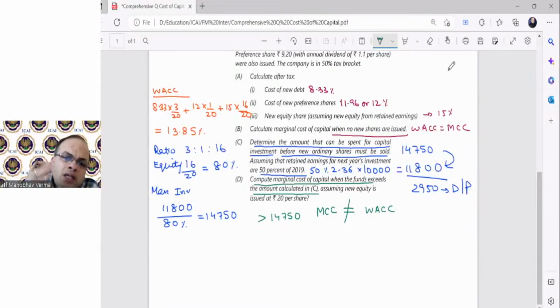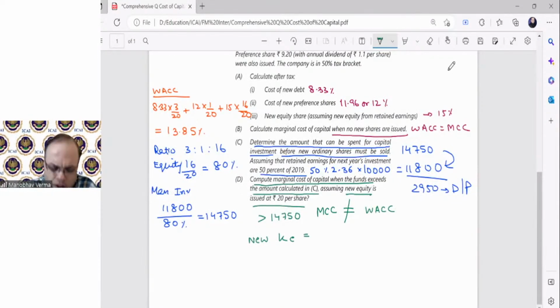Okay, so guys, now we need to calculate the marginal cost when the funds exceed the amount calculated in C. So what will change? Will cost of debt change? Will cost of preference shares change? No, they are anyways the cost of new debt and cost of new preference shares. What we need to calculate is, if the new equity is issued at 20 per share, what is the new cost of equity, guys?